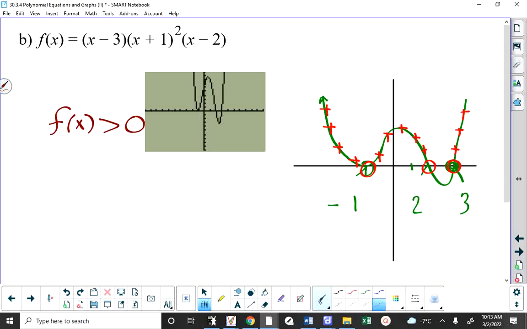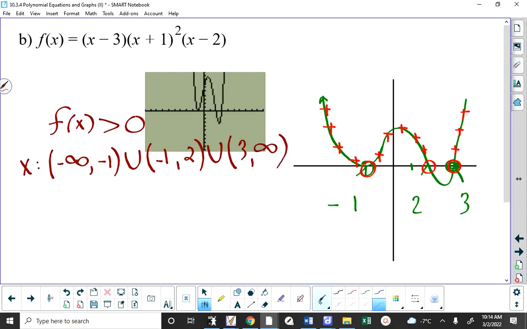I'll use interval notation here. x is an element of -infinity to -1 in union with -1 to 2 in union with 3 to infinity. And by the way, those first 2 sets, -infinity to -1 and -1 to 2, you can't put them together and just say -infinity to 2. I hope the reason's obvious, but in case it isn't, if you put them together, you're including the number -1, and the polynomial is not positive at -1.